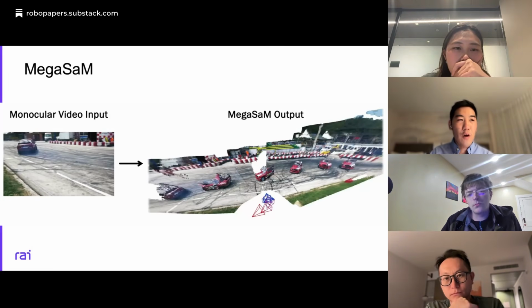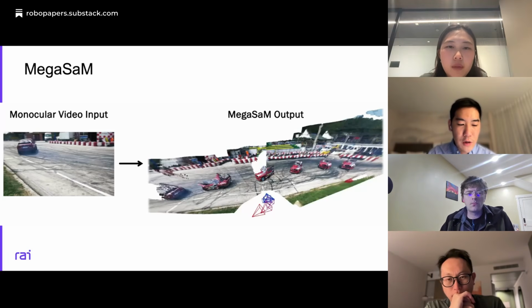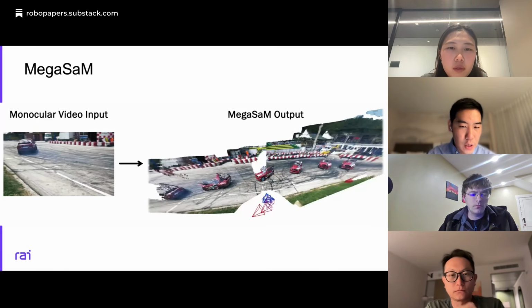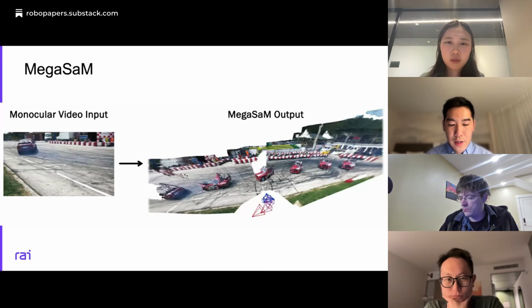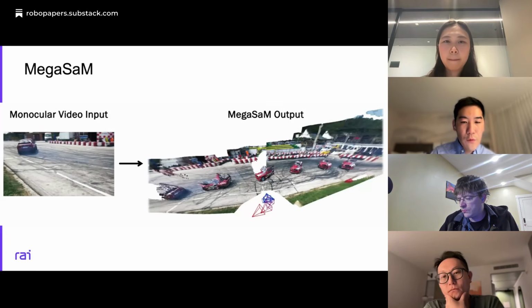But for us, we are using a simplified version of it because we know the camera intrinsics, and we know the camera extrinsics, which is identity throughout the video, because we are assuming that the camera is static. So we only care about the per frame point map.